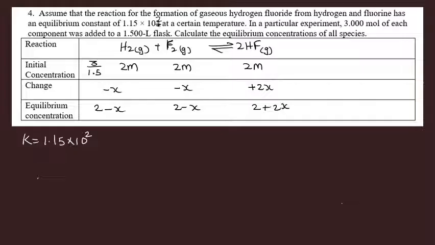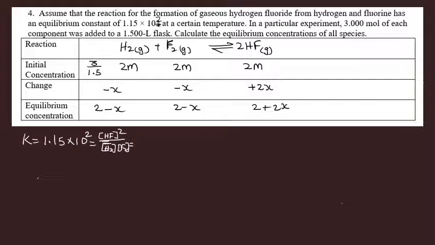That's the given value. And then we will write the K expression, which is concentration of hydrogen fluoride to the power 2 divided by concentration of hydrogen, concentration of fluorine.